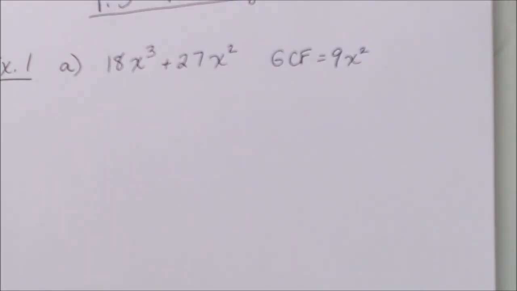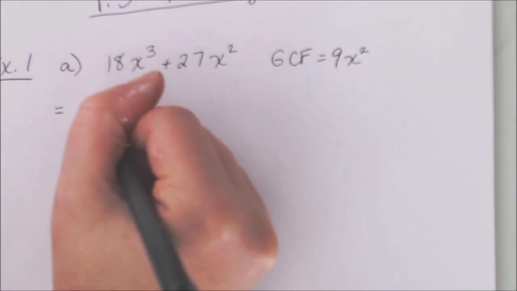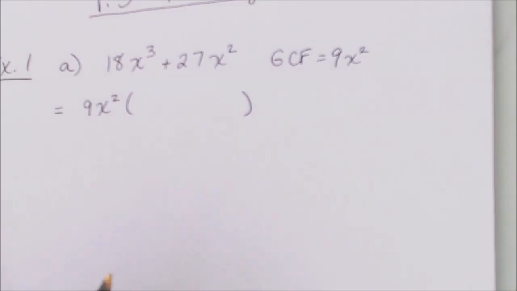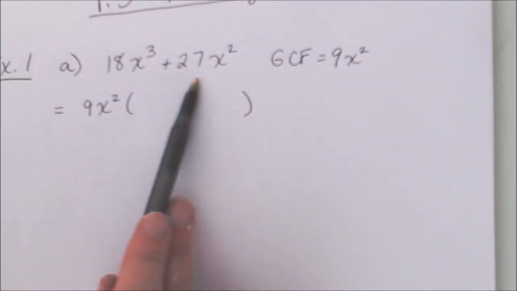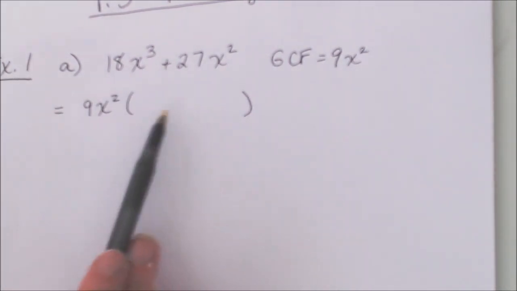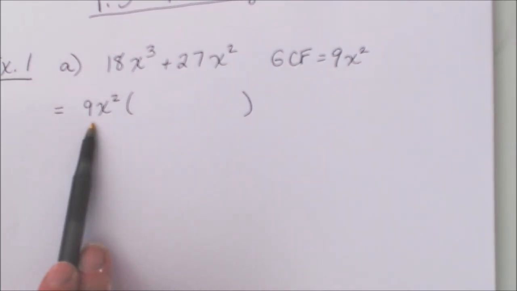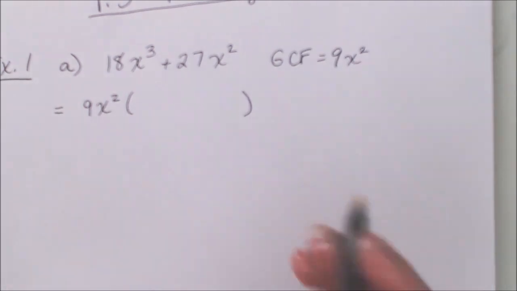So remember that factoring using a GCF is the reverse of the distributive property, right? So we're taking out 9x squared, and I'm going to put that in front, and then we're going to put a parentheses. And then however many terms you start with in the original expression, that's how many terms need to end up in your parentheses. So ask yourself, what would I multiply 9x squared by so that I get 18x to the third?